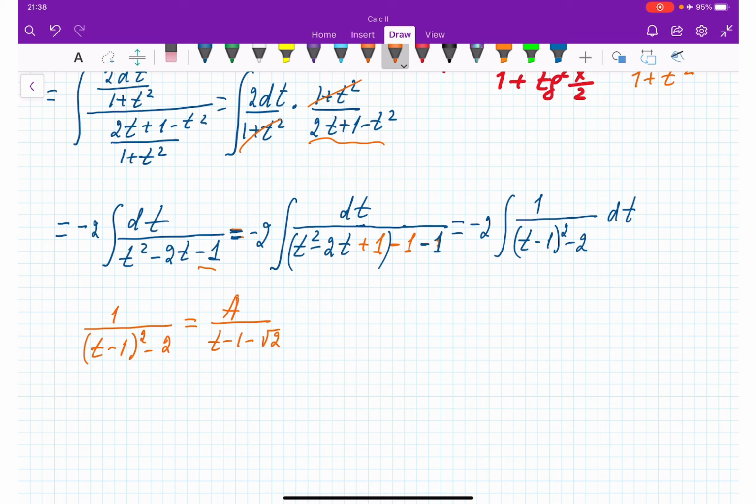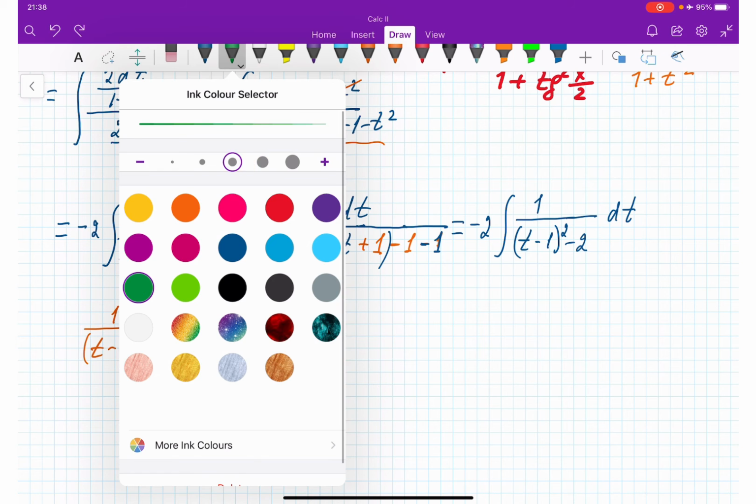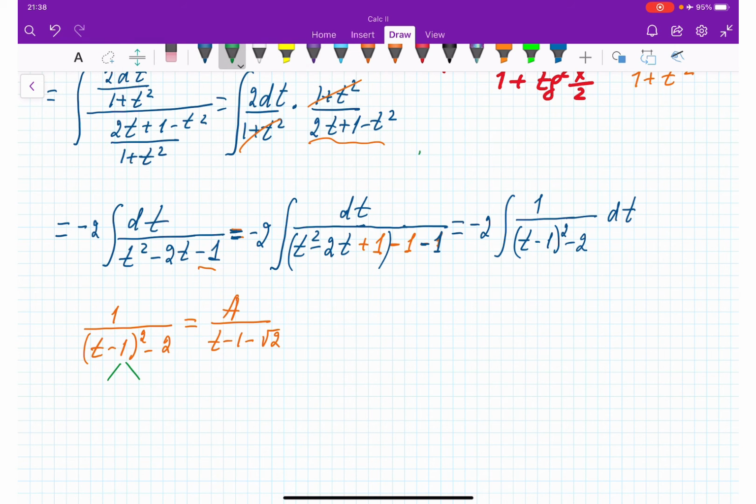It's going to be our difference of squares, which means I'm going to have t minus 1 minus square root of 2 times t minus 1 plus square root of 2, right?